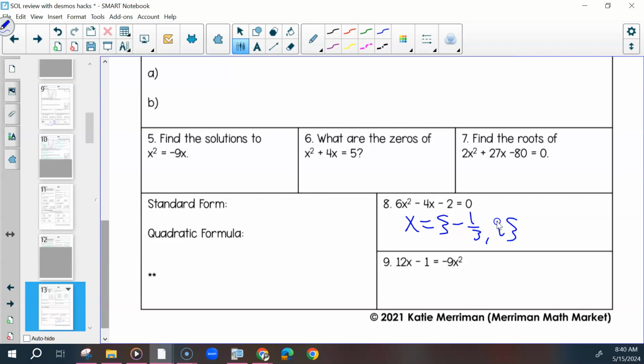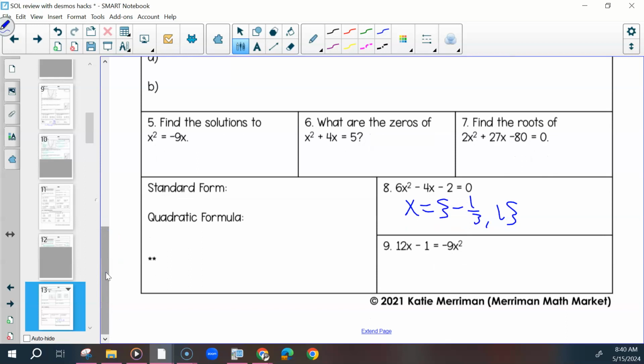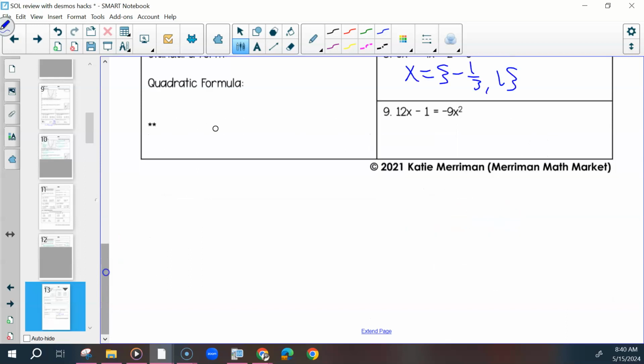So I'm going to forewarn you that this is not something we talked about because the likelihood of it being on the SOL is maybe one question, if at all. But I'm going to show you. Again, you'll be given the formula that's written over here. I'm just going to rewrite it just so I have it to refer back to.